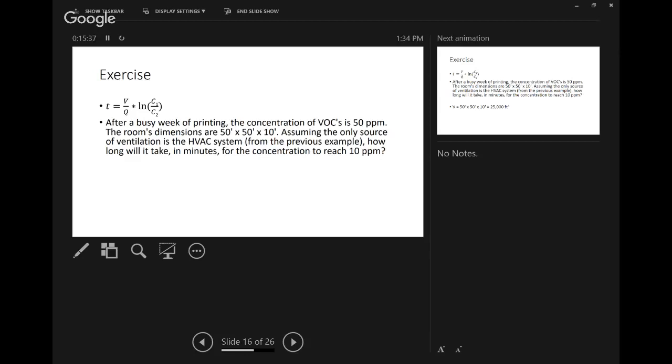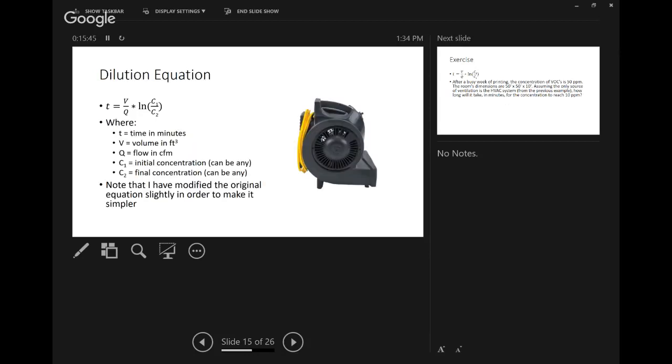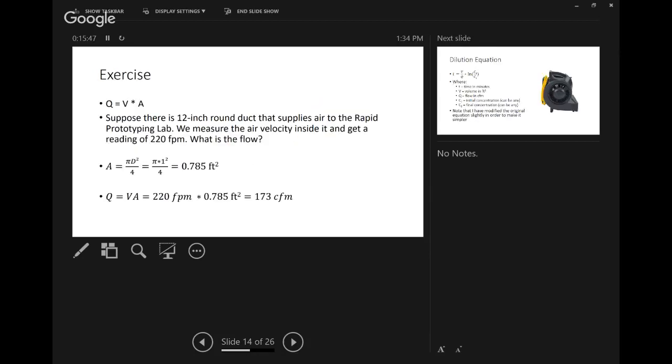Our flow, we're using this number as our flow. So we're assuming that there's a single round duct supplying air to the lab, and the flow is 173 cubic feet per minute.